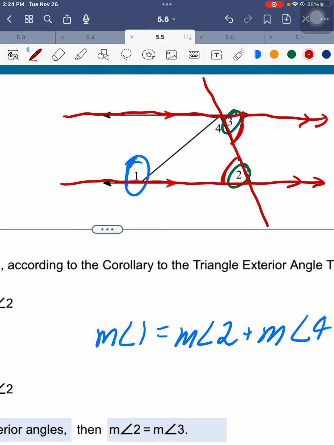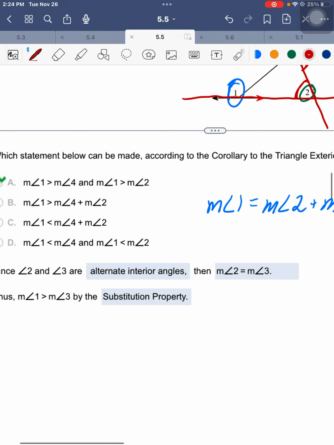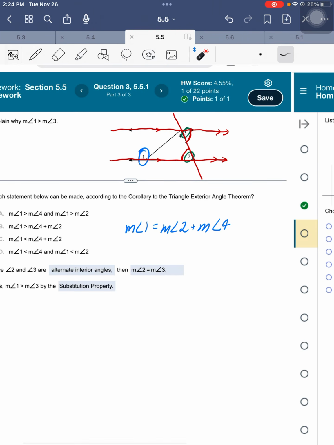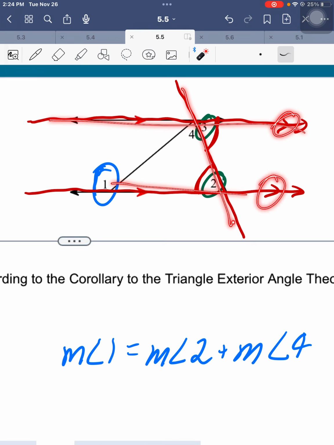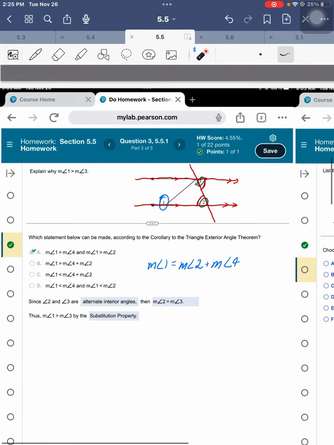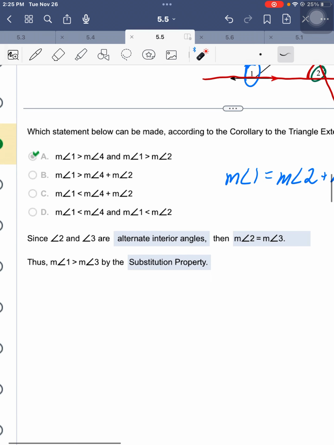What would I know about 3 and 2? They're alternate interior angles. And what do I know about alternate interior angles on a transversal that is crossing two parallel lines? If they're parallel lines, then they are congruent. So that's why we have 2 is equal to 3.